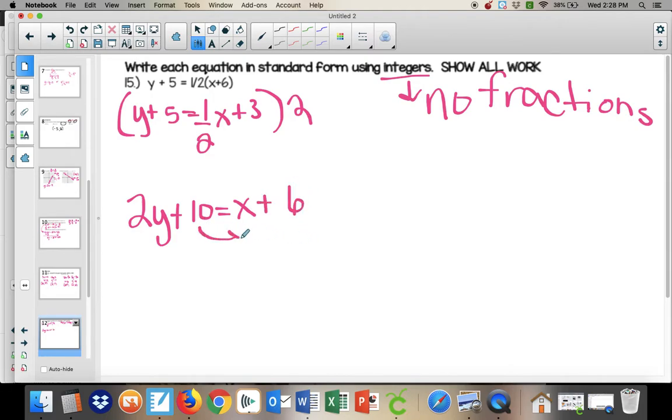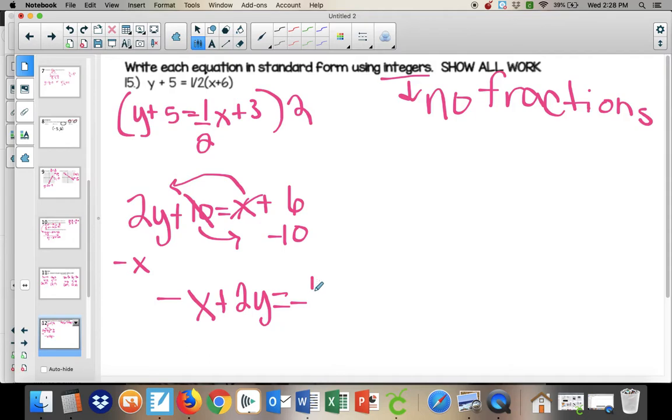And then I'm going to bring over my 10 by taking it away, bring over my x by taking it away, and I get negative x plus 2y equals negative 4.